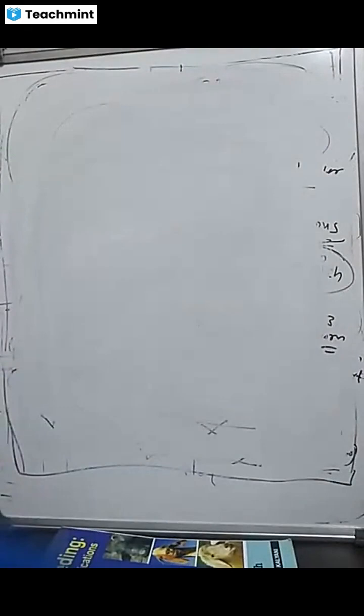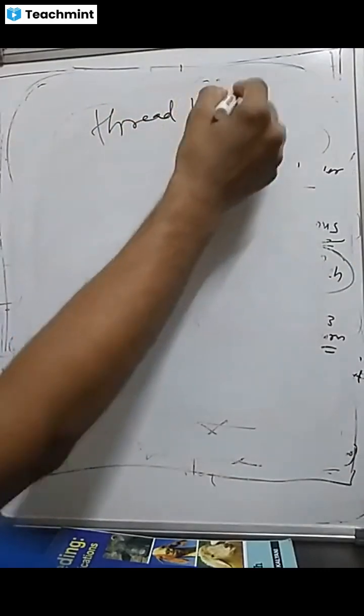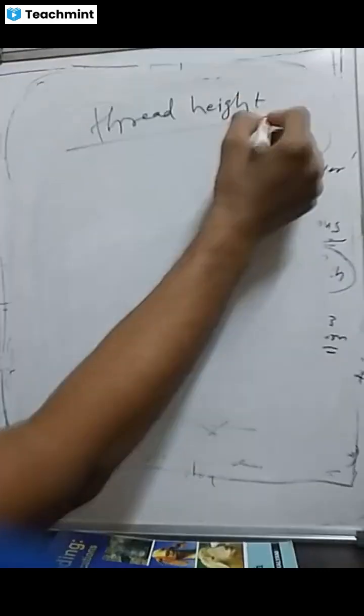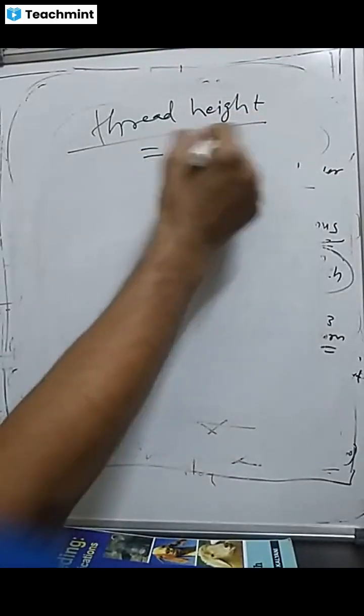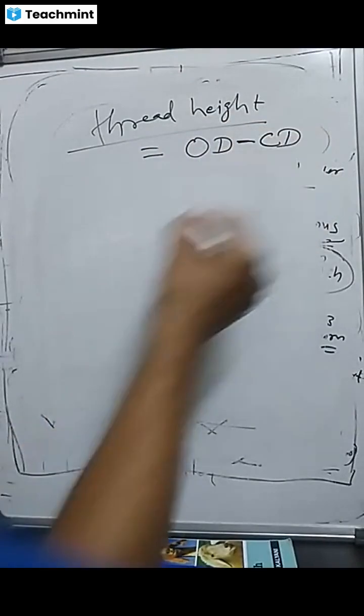Next is thread height. Thread height is the outer diameter minus the core diameter.